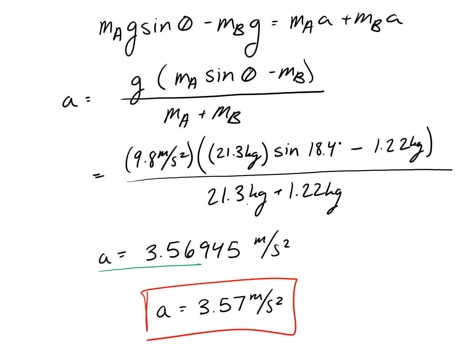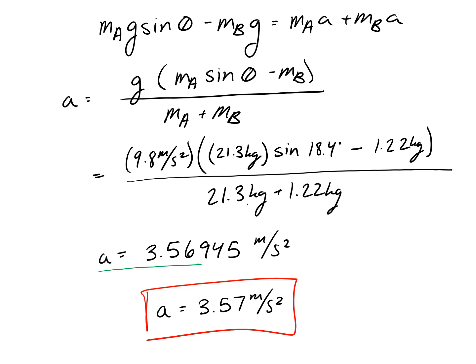This is the acceleration at which box A goes down the incline and box B moves directly up the incline. In this question so far, we have been utilizing Newton's first and second laws. We used the first law in both y directions, in which our force value was 0. We didn't need to worry about it.